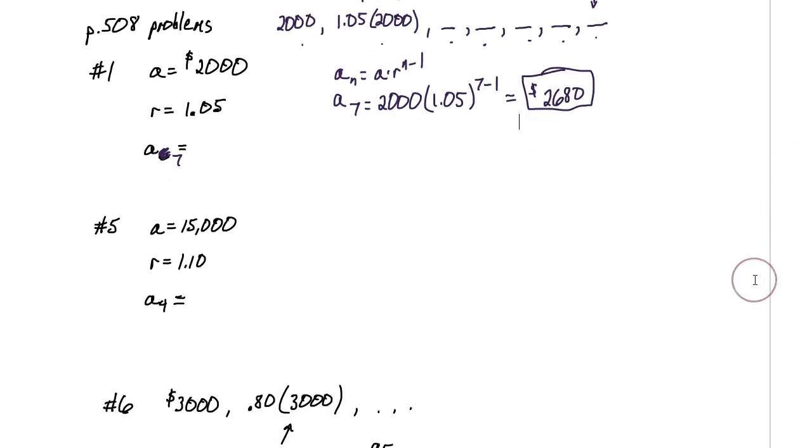Next, number 5. A town planning commission finds that because of a new missile plant, the population has been increasing by 10% annually. The population is now 15,000 people. What will the population be expected at the end of 4 years? So the population now is the first term in our sequence.